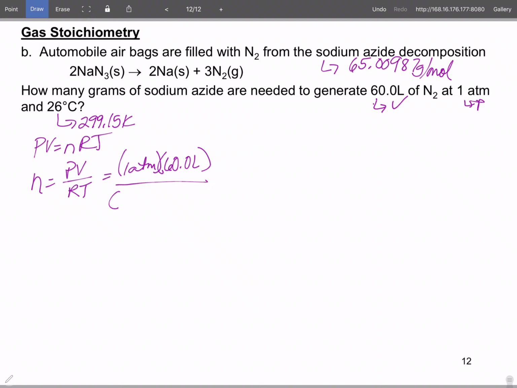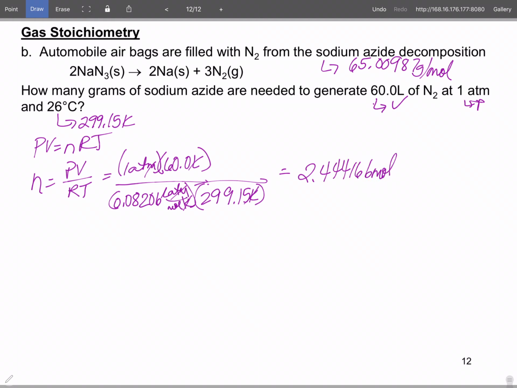Our R is 0.08206 liter atmospheres per mole K. Yeah, it takes a second to write that, but let me tell you, by writing that, you make sure that your units are correct. So this cancels. My liters cancel. My atmospheres cancel. I've got 1 over 1 mole, which means I've got a whopping 2.444166 moles of hydrogen gas.